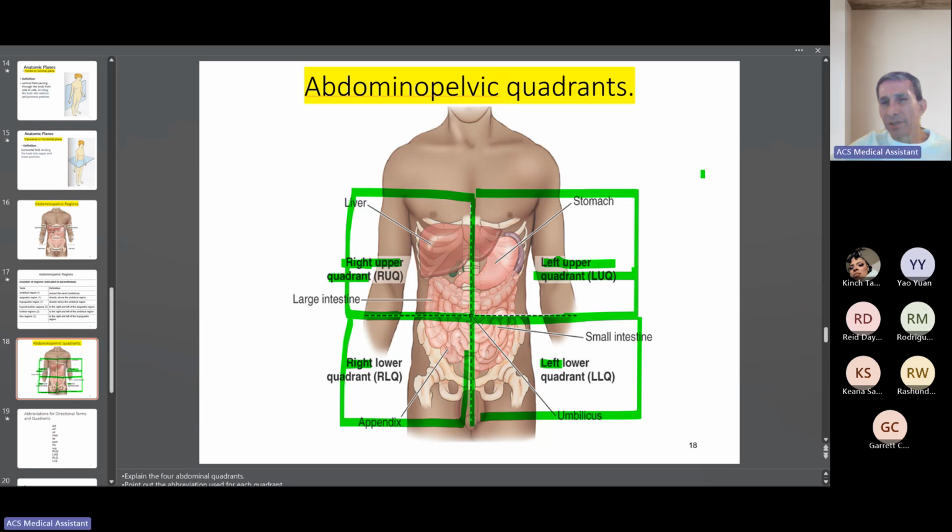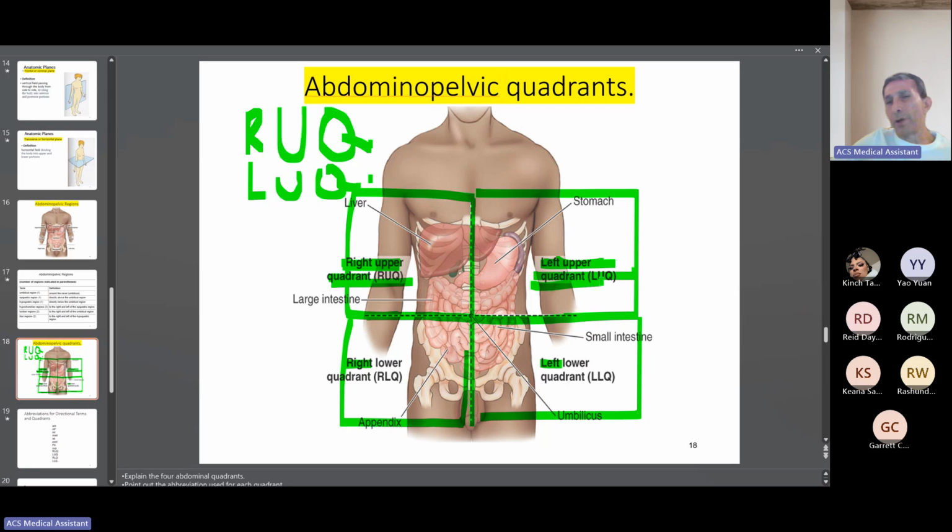Now, pay attention to this because these will be questions for your exam. You need to know what RUQ stands for. Remember, right upper quadrant. LUQ, what does it stand for?